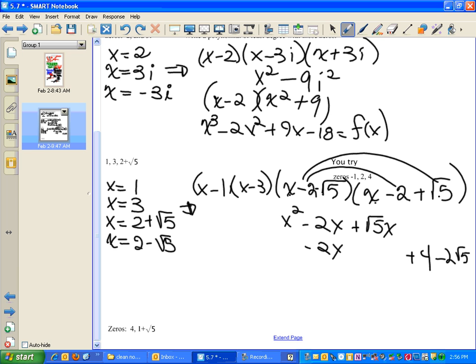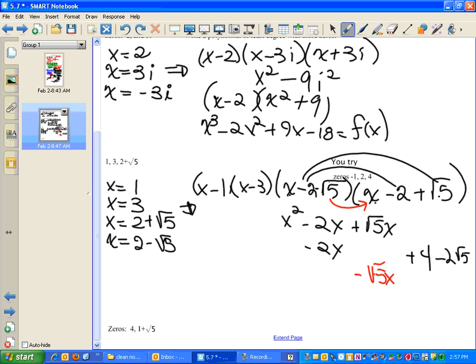Negative 2 root 5. Now, all of these funny things with roots are going to disappear if you've got your signs right. Okay? So now we move to the negative root 5. Negative root 5 times x is positive root 5. See how it's going to get eliminated? Oh, yeah, sorry.